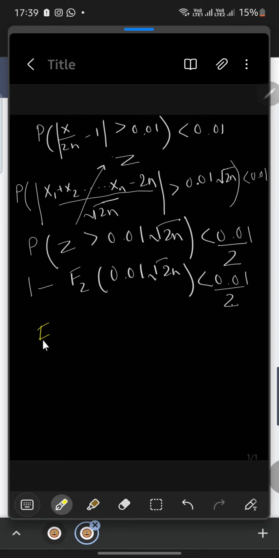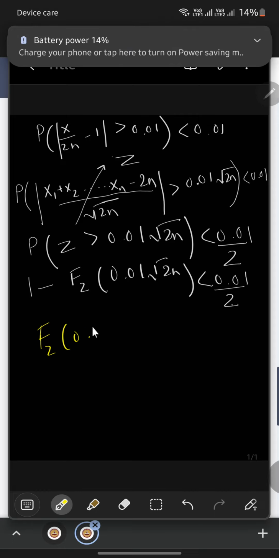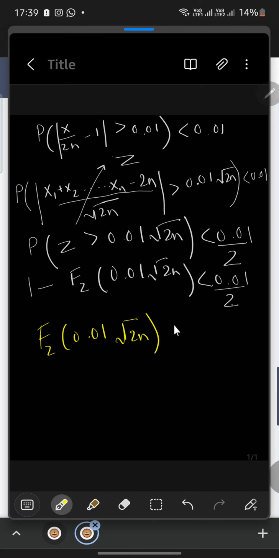So F of Z, 0.01√(2n) would be greater than 1 minus 0.01 by 2, which would be 0.995, right?